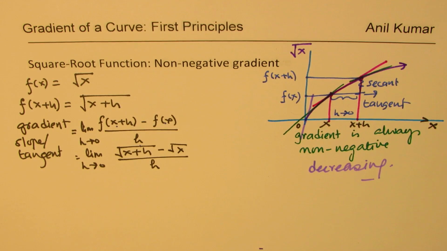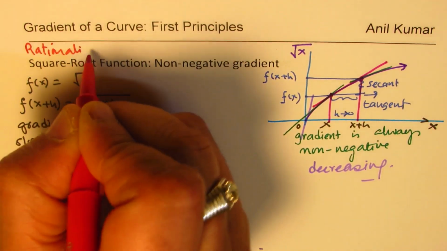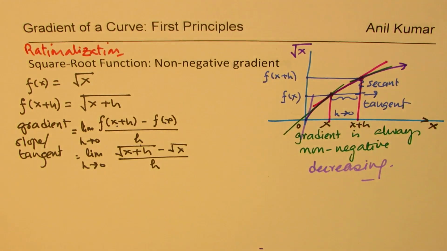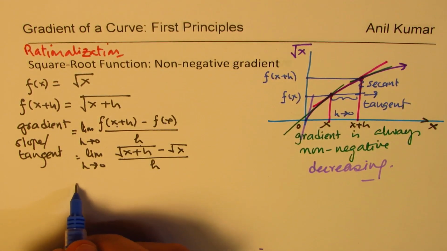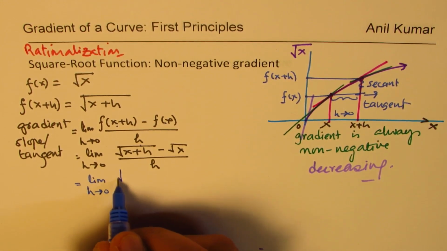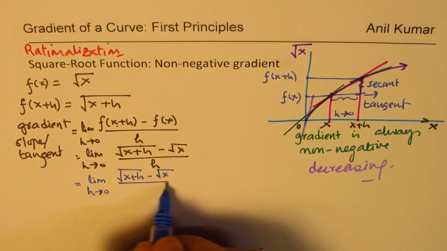Now, how do we solve such an equation? Well, the critical step here is rationalization. Correct? So we are going to do rationalization and then solve. So what we get here is limit h approaches 0, square root of x plus h minus square root of x over h.